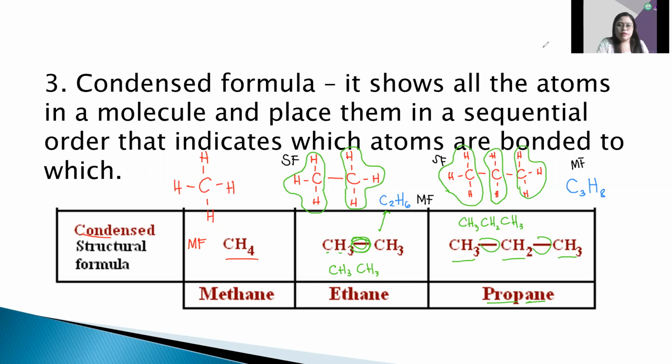Questions? Yeah, that's right, Mariam. In organic chemistry, the molecular formula can also be simplified and thus we can also write the empirical formula.